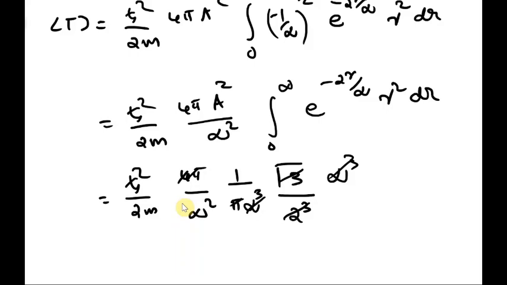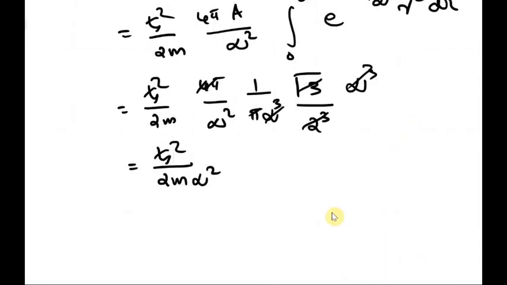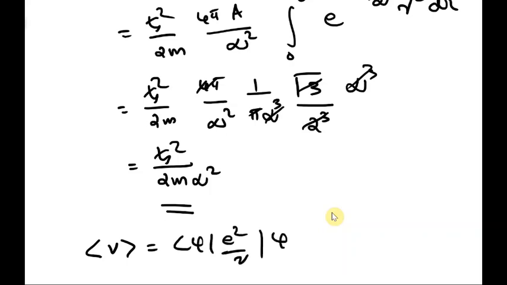So the final expression is nothing but h cross square divided by 2m alpha square. That is going to be your expectation value of T. The same way you can calculate for V, which is psi e square by r psi.